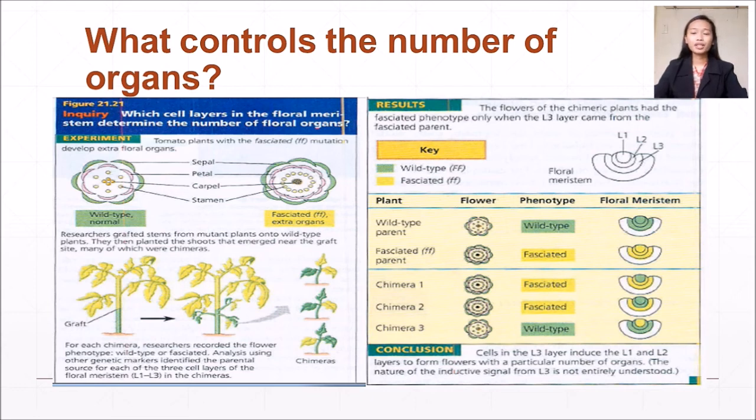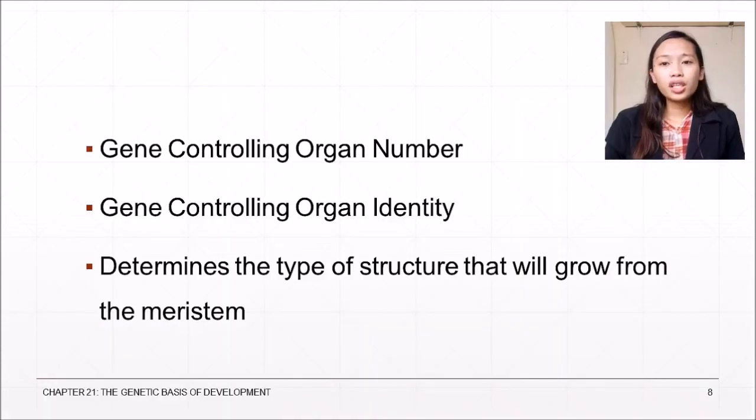Some of these chimeras produced floral meristems in which the 3 layers did not come from the same parent. So in order to determine the parental source, researchers monitored other genetic markers, such as an unrelated mutation causing yellow leaves. In contrast with the genes controlling organ number are the genes controlling organ identity.